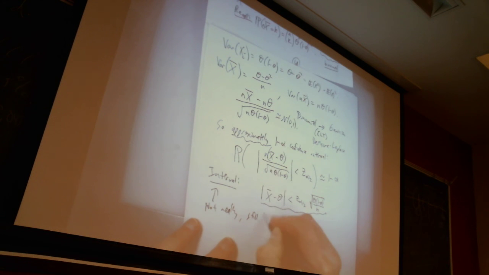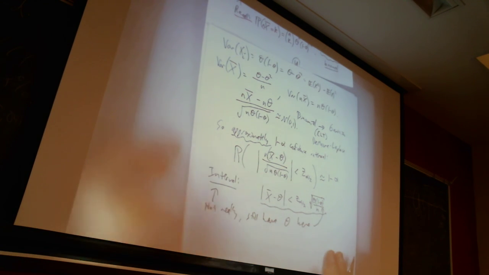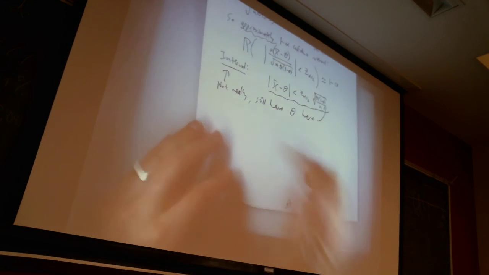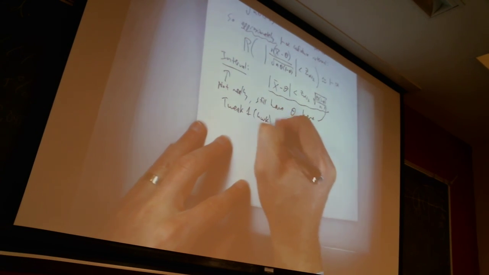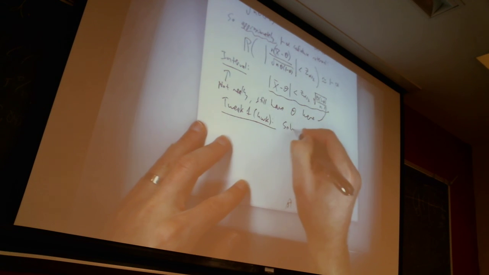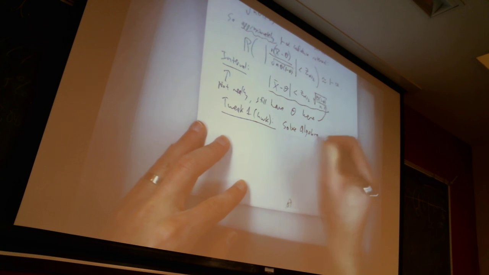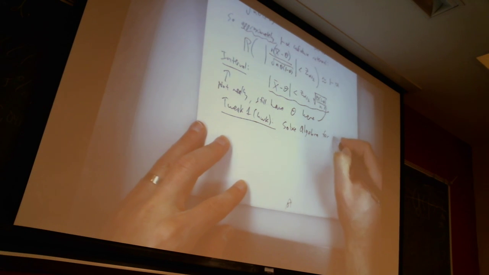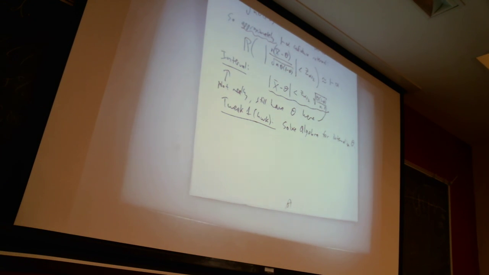I still have theta here. So tweak one, which is homework: solve the algebra for an interval in theta, for a true interval in theta. That's the less lazy tweak.